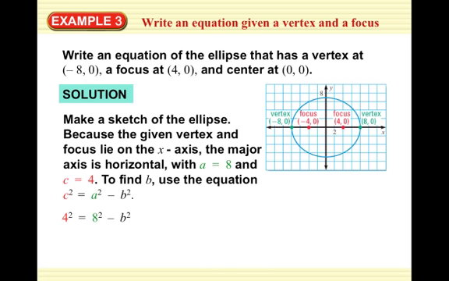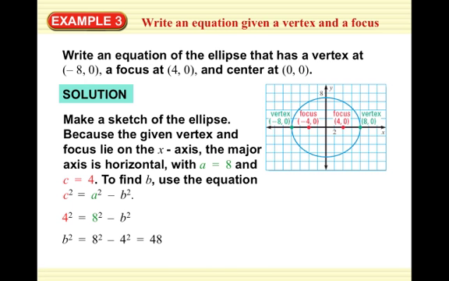So we have 4 squared equals 8 squared minus B squared. If we add B squared to the left and subtract 4 squared from the right, we get B squared equals 8 squared minus 4 squared, so 64 minus 16, which is 48.